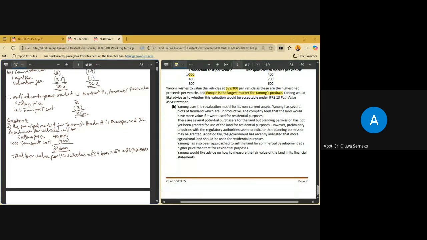However, discussions with the regulatory authority seem to indicate the planning permission may be granted. Additionally, the government has recently indicated that more agricultural land should be used for residential purpose. Inogua has also been approached to sell the land for commercial development at a higher price than that of residential purpose. Inogua would like advice on how to measure the fair value of the land in the financial statements.